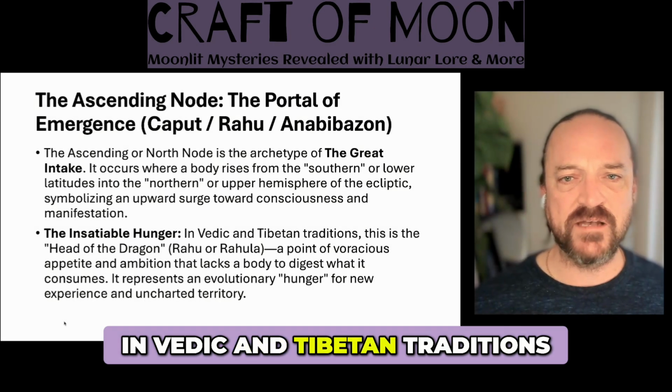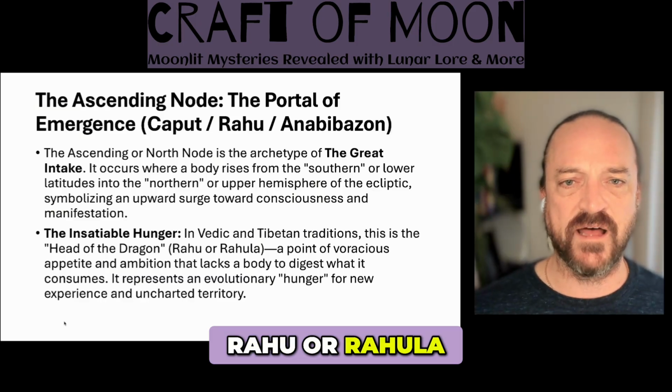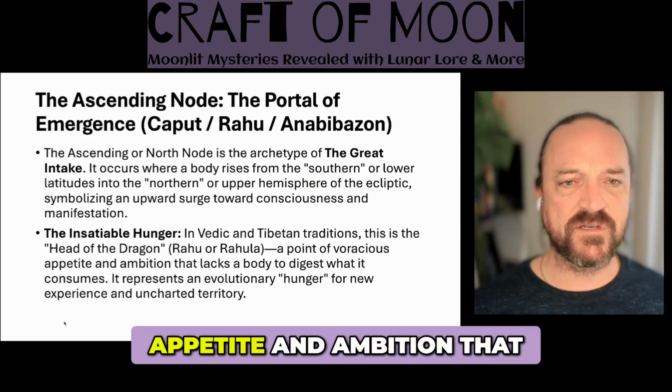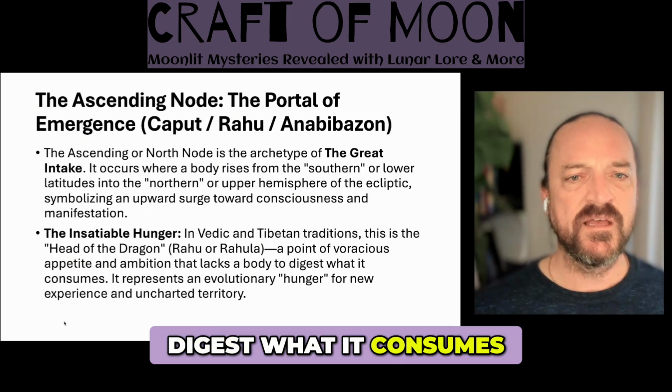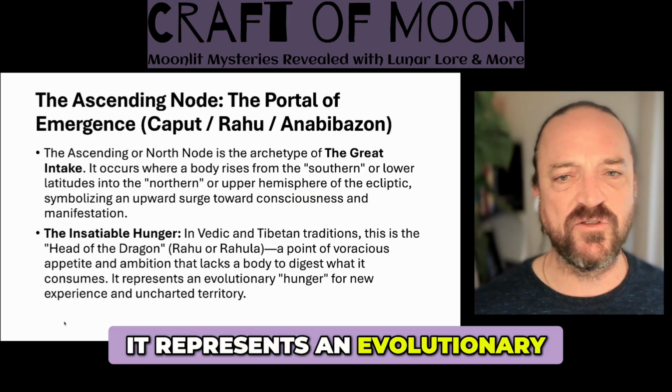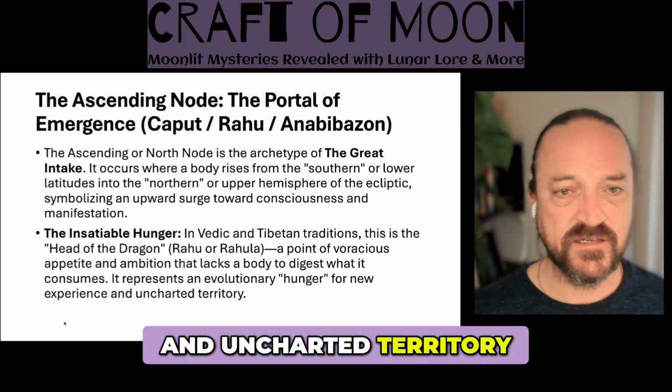In Vedic and Tibetan traditions, this is the head of the dragon, Rahu or Rahula, a point of voracious appetite and ambition that lacks a body to digest what it consumes. It represents an evolutionary hunger for new experience and uncharted territory.